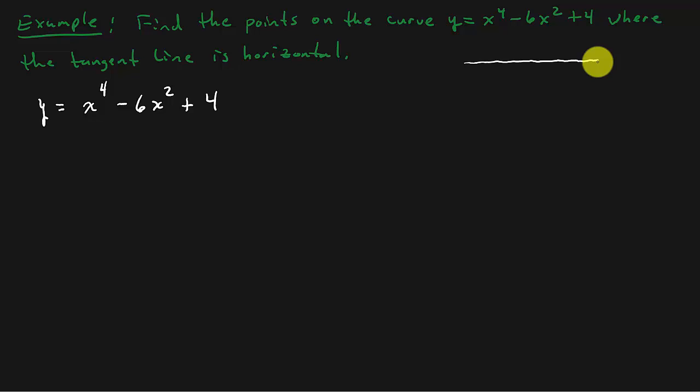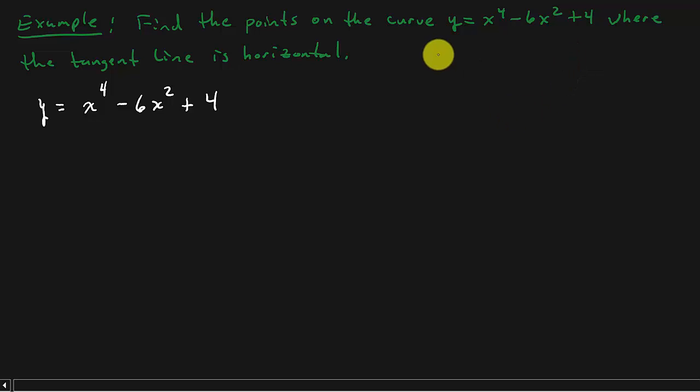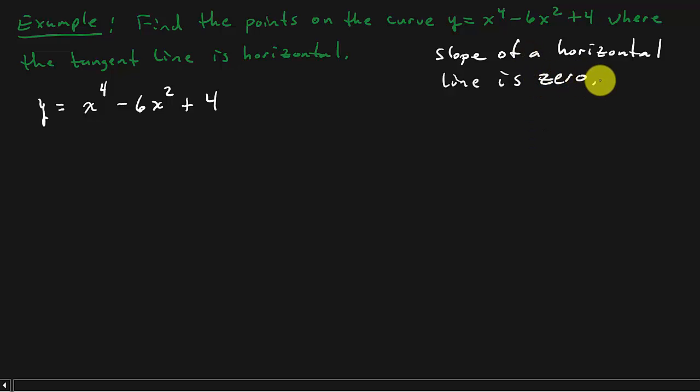The slope of a horizontal line is 0, right? That's the slope of a horizontal line, is 0.